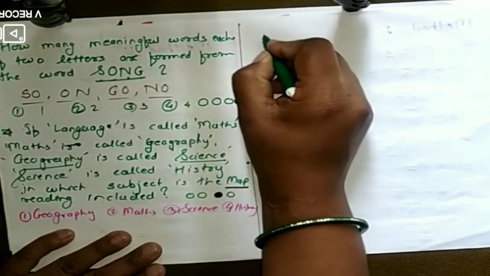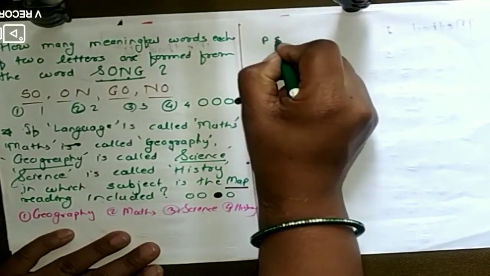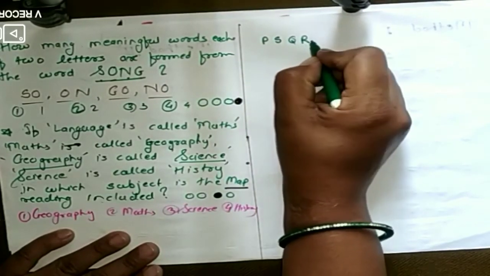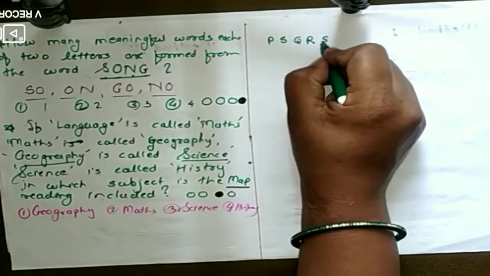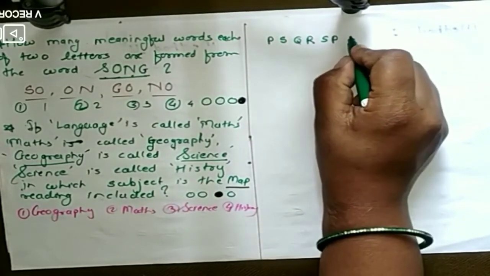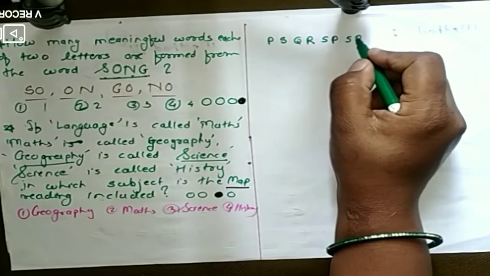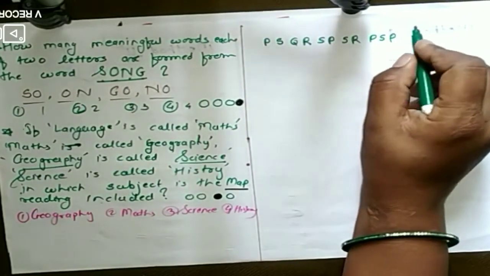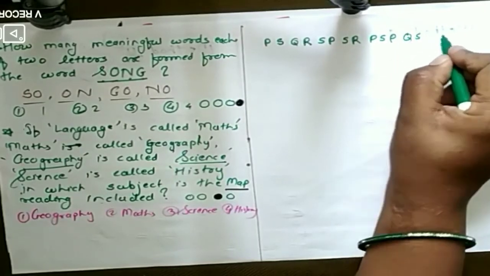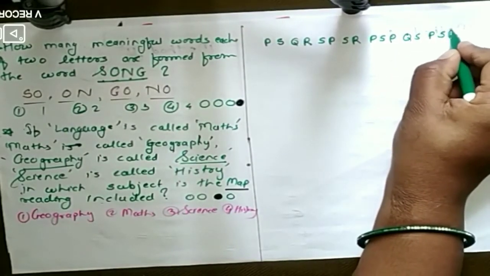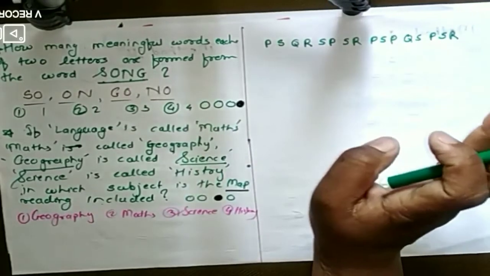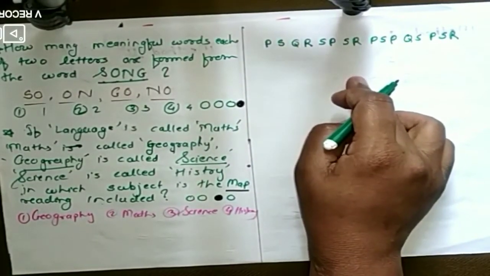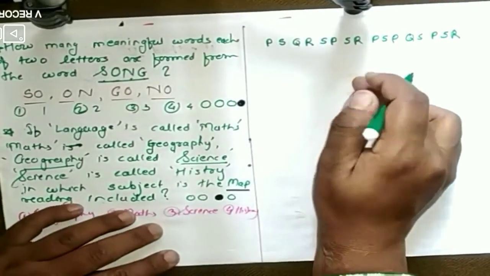I will write the series P S Q R S P S R P S P Q S P S R. So these are the letters. In the given letter series, how many times is S immediately followed by P is the question.